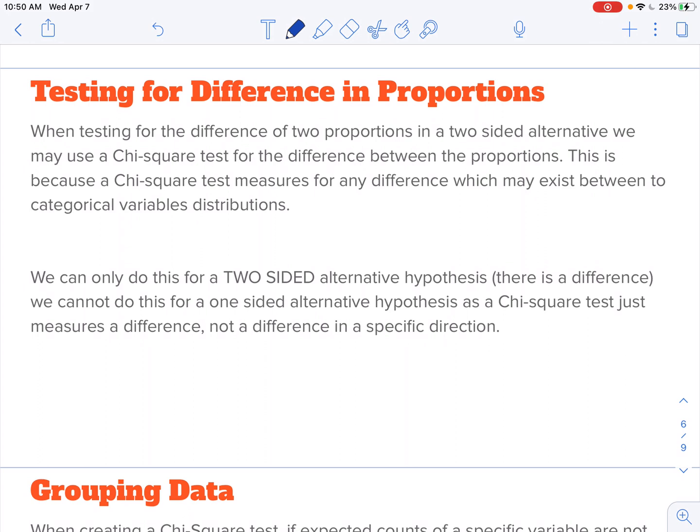We're going to end up with the same p-value as a two-sided z-test as if we do a chi-square test on it. So you can choose either, and that's just a matter of your preference. I'm sure when we're taking the exam, there are going to be questions where it makes more sense to use a p-value versus a chi-square.